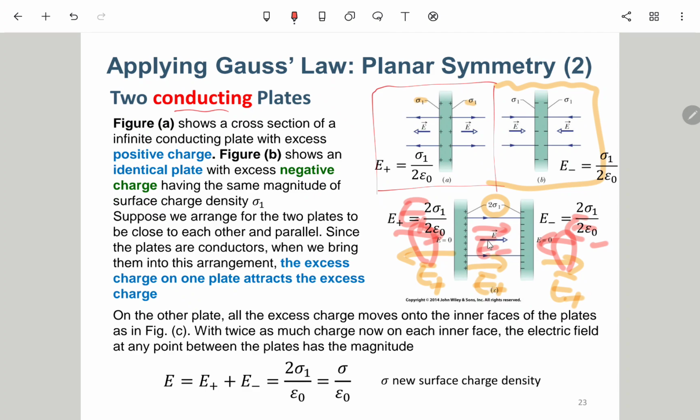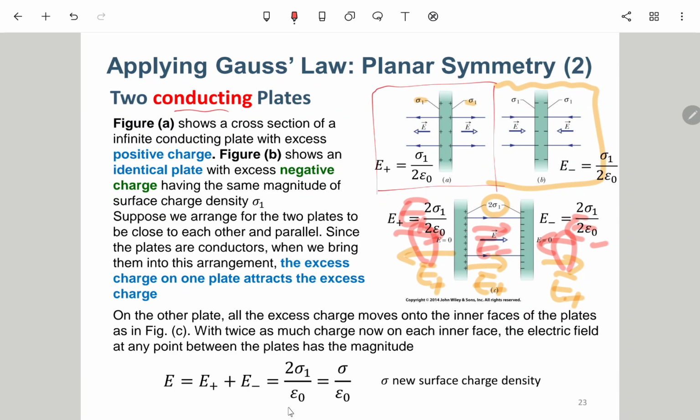So these two add up. In the middle, we have E equals E plus plus E minus, and they have the same value. So we have the E field, which is 2 times 2 sigma 1 over epsilon naught.